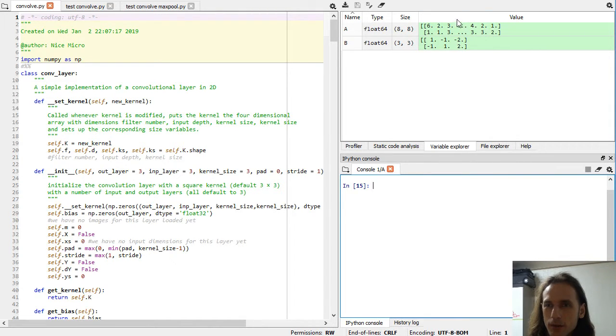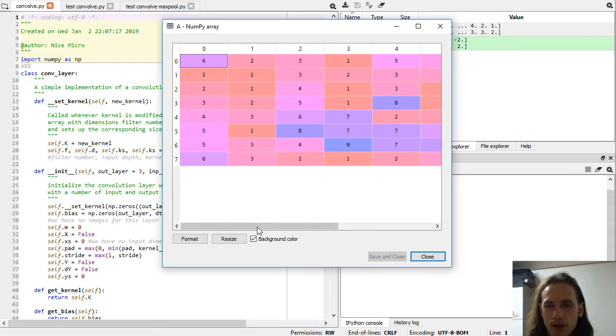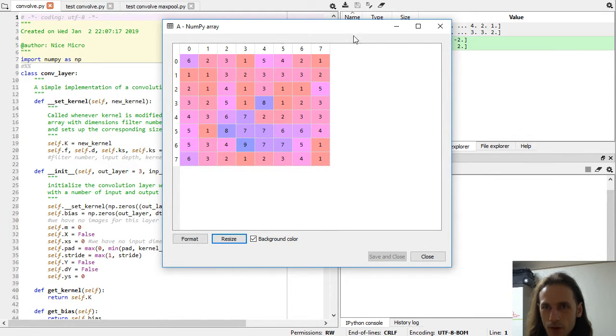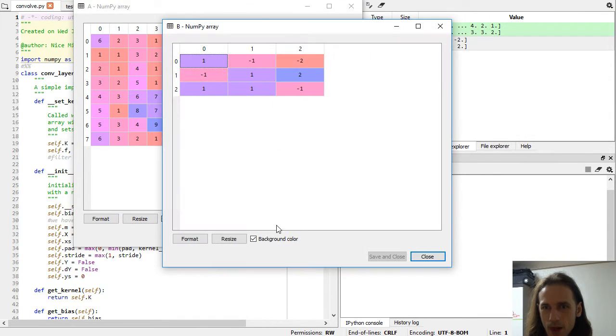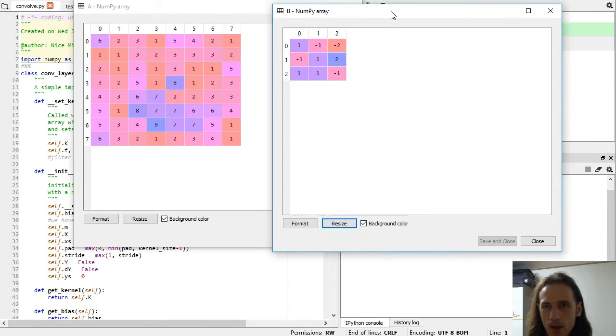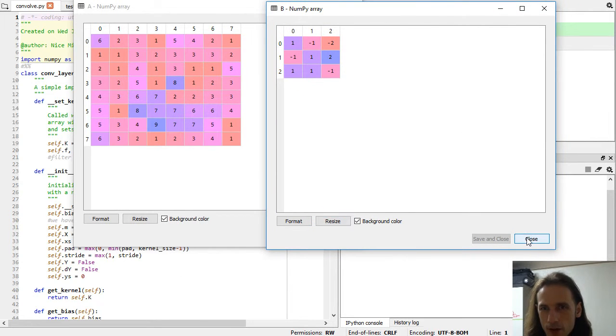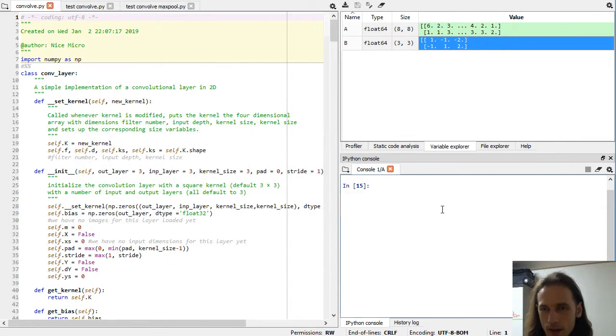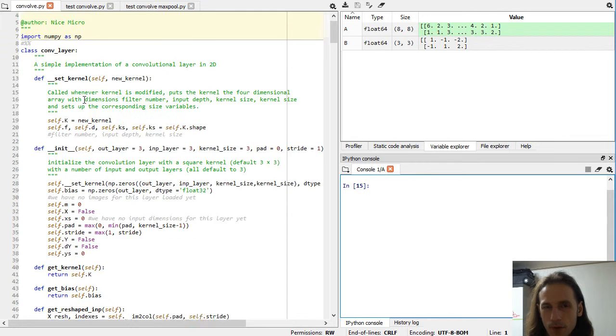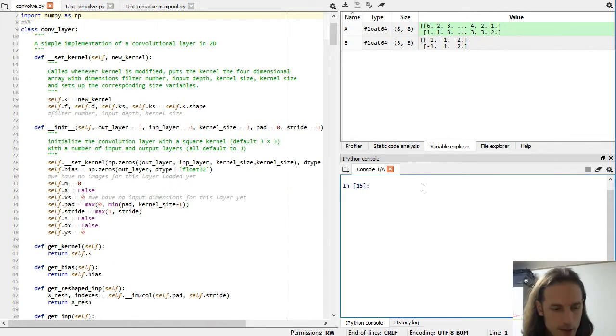So I have 2 matrices here prepared, and I will do just the convolution. Of course, our convolution layer needs these in a different way.